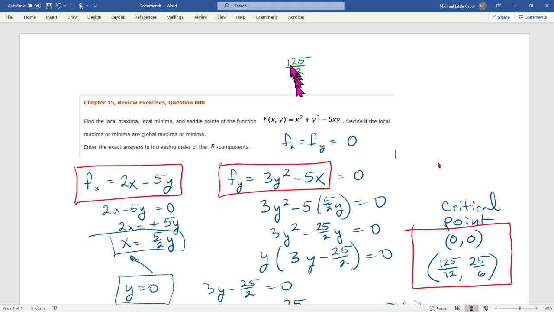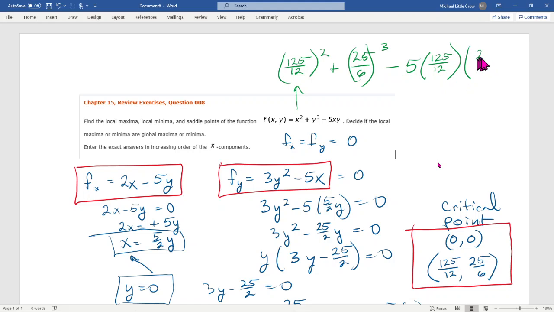We're plugging in here, that's squared, plus 25 sixths cubed, minus 5 times 125 over 12 times 25 sixths.